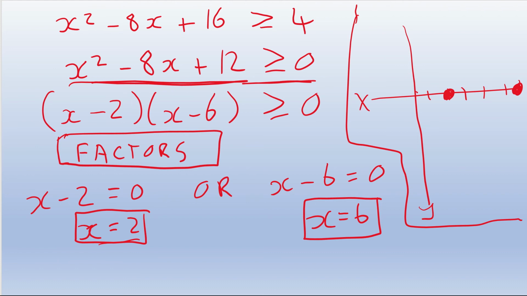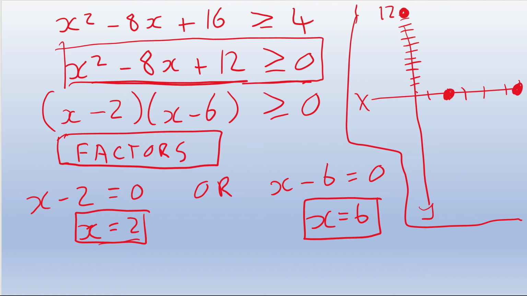And I know that my graph is going to cross the y-axis at the constant part of my quadratic, which is the plus 12. So if I go up 1, 2, 3, 4, 5, 6, 7, 8, 9, 10, 11, 12, let's just label those 12, 2, 6. My graph is going to cross the y-axis up at 12.